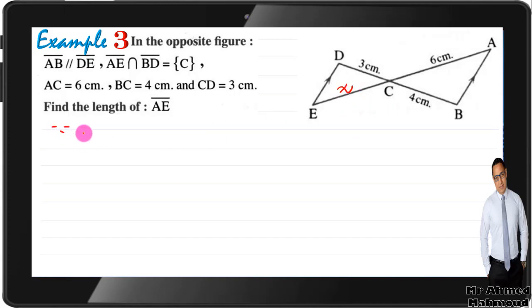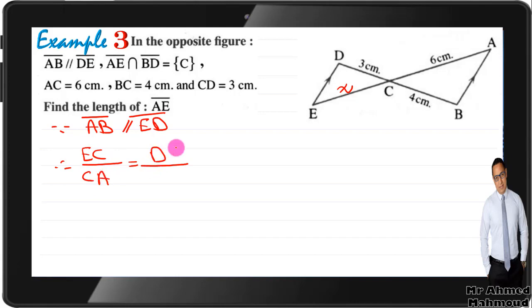Since AB is parallel to ED, therefore I'm going to write the proportion EC over CA equals DC over CB. So x over 6 equals 3 over 4.